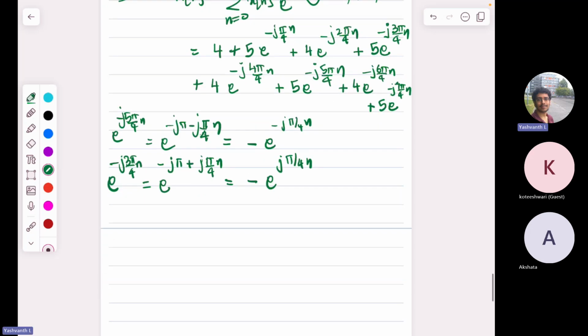Then similarly, what is left out? We'll see e power minus j 7 pi by 4n is e power minus j 2 pi plus j pi by 4n. But e power minus j 2 pi is cos 2 pi minus j sin 2 pi. Cos 2 pi is 1, sin 2 pi is 0, so this is equal to e power j pi by 4n.